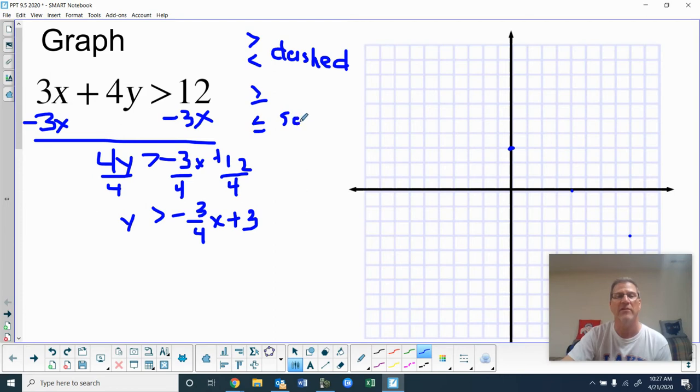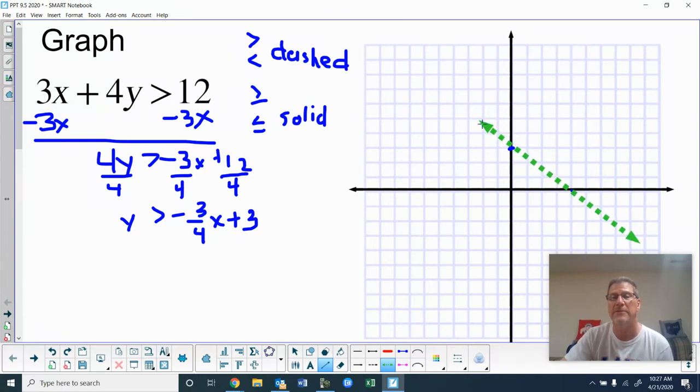So that's one of the details we've got to remember. Okay, so this is dashed, so I'm going to pick a line here. Let's just pick this green one. It's dashed. Okay, so there's our line.